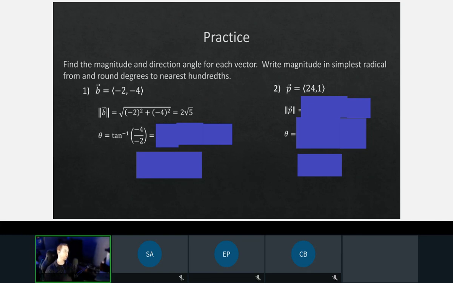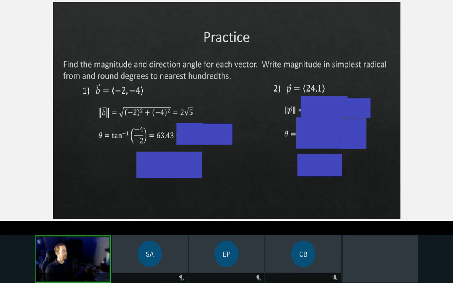So remember, we're talking about degrees this time. You may have to set your calculator to degree mode, because most of the time it's in radians. I got the same thing.